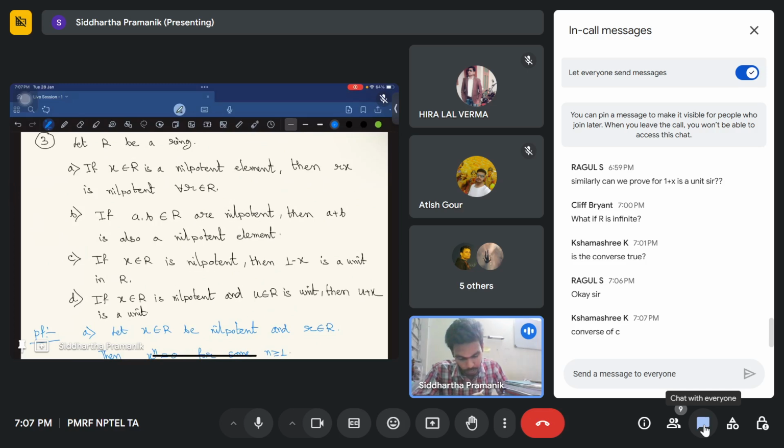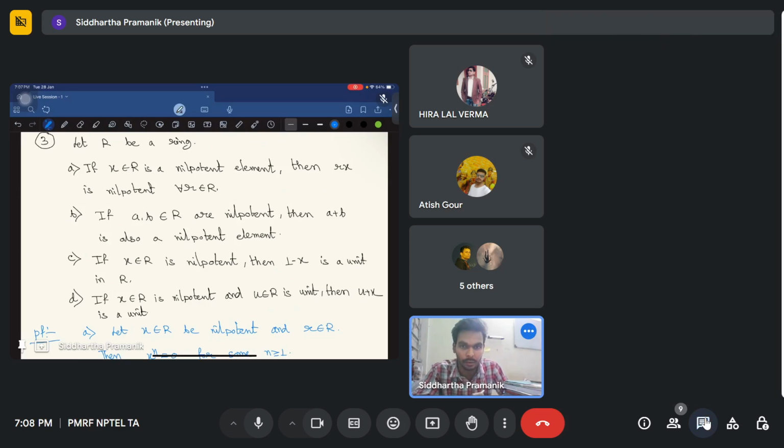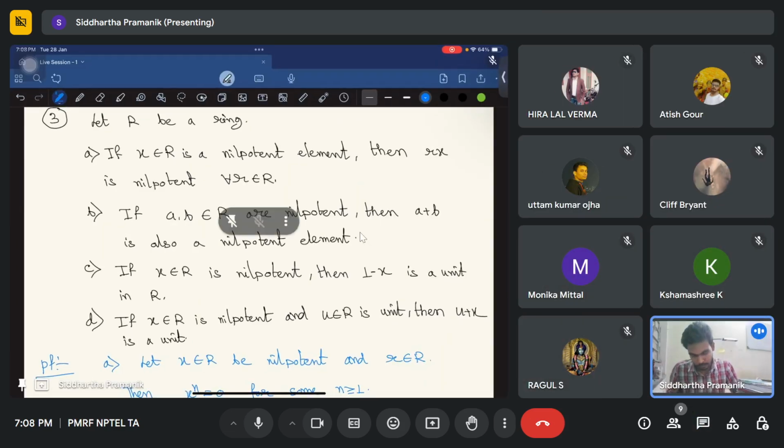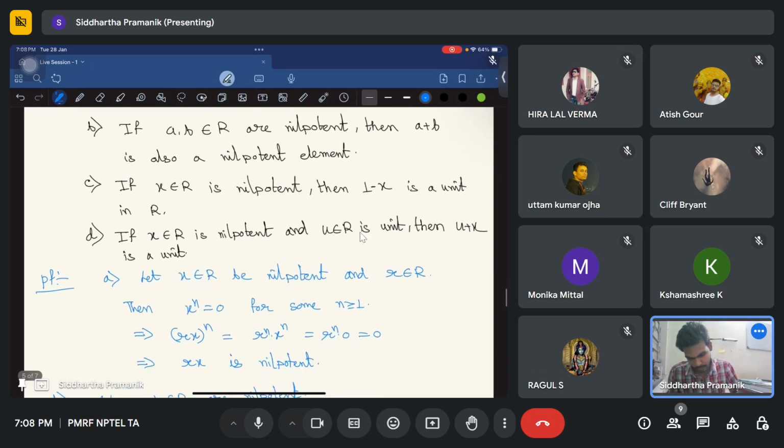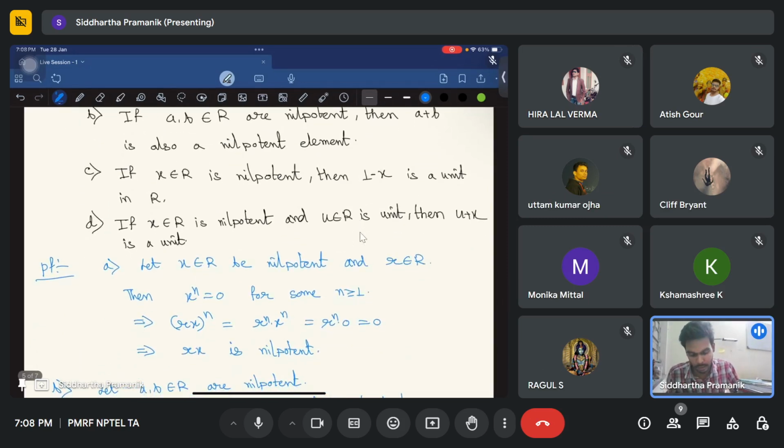If x is nilpotent, then 1 minus x is a unit. The converse: if 1 minus x is a unit, is x nilpotent? I don't think it is true. Yeah, it is not true in general. One can try with some examples. Yeah, it is not true. Try to see some examples. That's a good question. Yeah, it's easy to find examples of this converse of C.